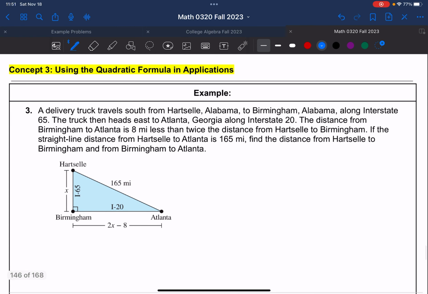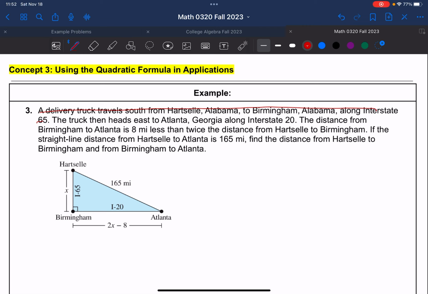Now let's look at concept 3, some applications. It says a delivery truck travels south from Hartselle, Alabama to Birmingham, Alabama along Interstate 65. This information is not important to us.